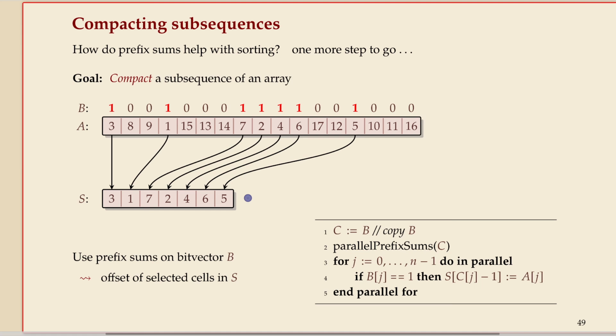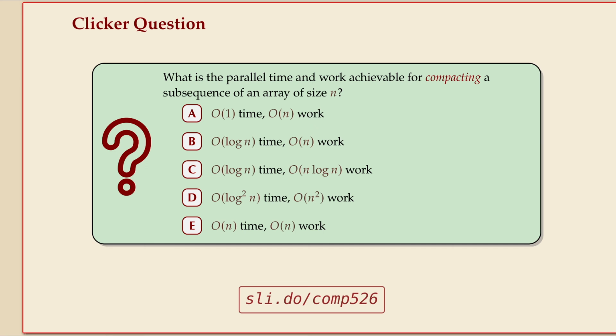Okay, time to wake you up a bit. What is the time for doing this operation that we just discussed? Well, what a mean question. It asks for time and work.